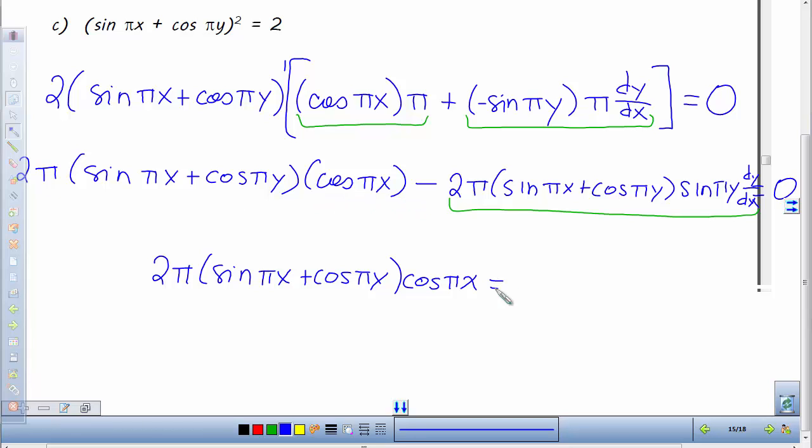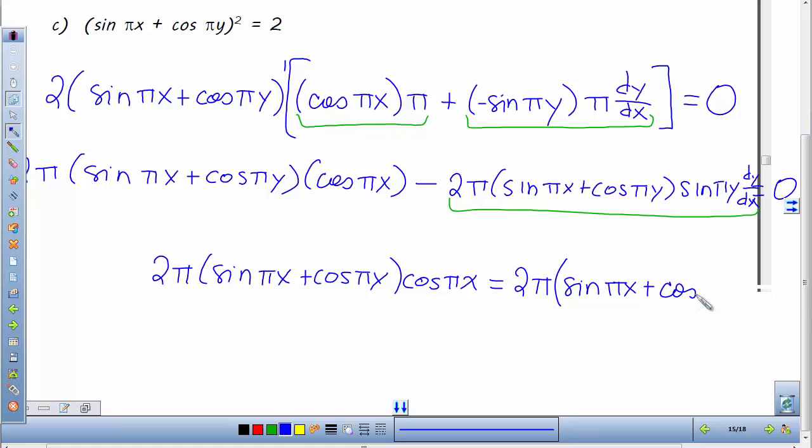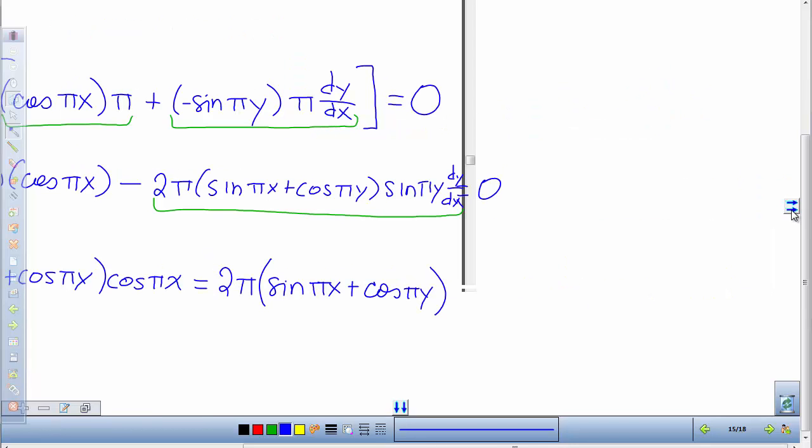All right, equals 2 pi times sine pi x plus cosine pi y times sine pi y dy dx.